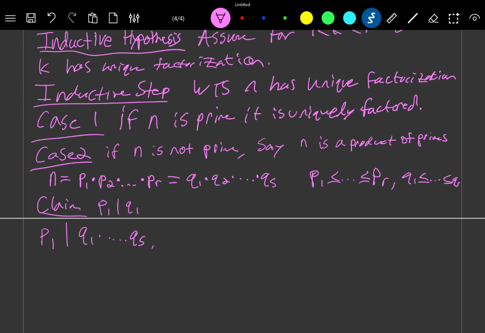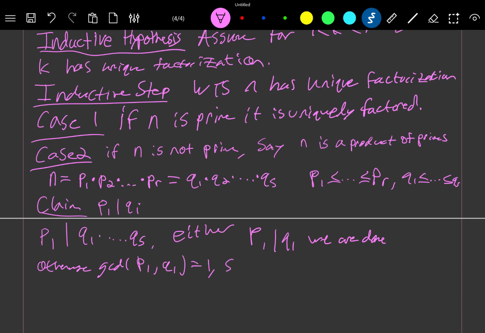So if p divides this, then I'm just going to say p1 divides q sub i for some i. If p1 divides q1, we are done. Otherwise, the GCD of p1 and q1 is 1, so p1 has to divide q2 times q3 all the way to q sub s.